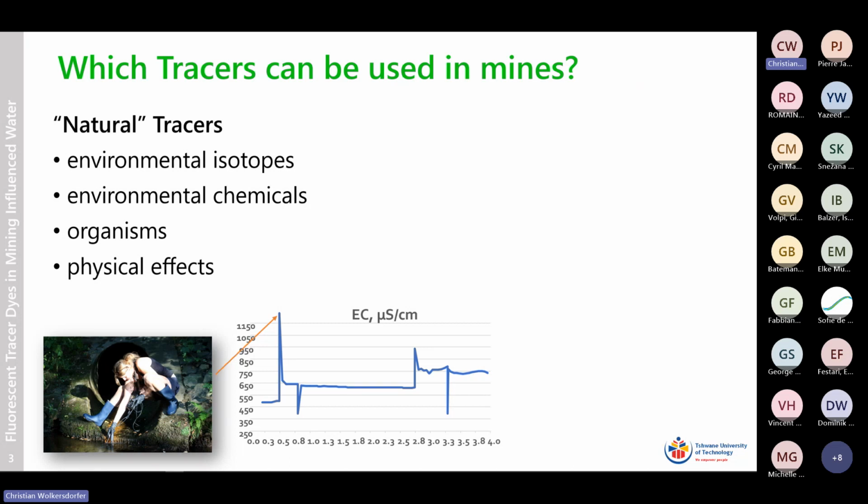So we measured the electrical conductivity over the length of this river. At the first peak, you can see me there in the picture at the mine water discharge, we could clearly see an increase of the electrical conductivity. The two peaks that are going down are also mine water discharges, but then you have to take care. Not everything is mine water, because the third peak here that is going up was from a sewage treatment plant.